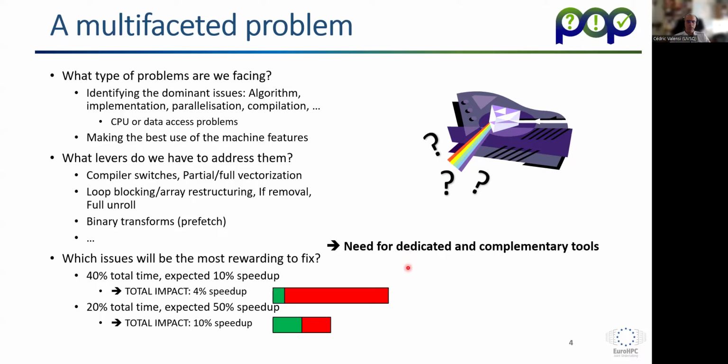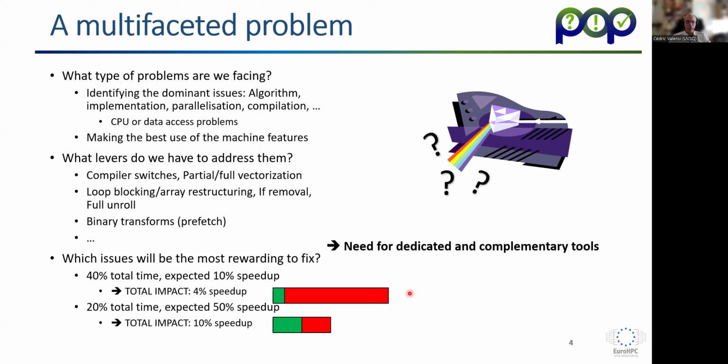Another point we really like to focus on is trying to identify which issues will be the most rewarding to fix first. Because let's say that we profile the application and identify that there is a section of code that is hogging 40% of the execution time, we say, okay, right, let's start with that.